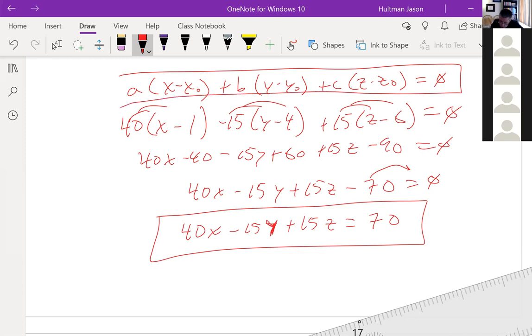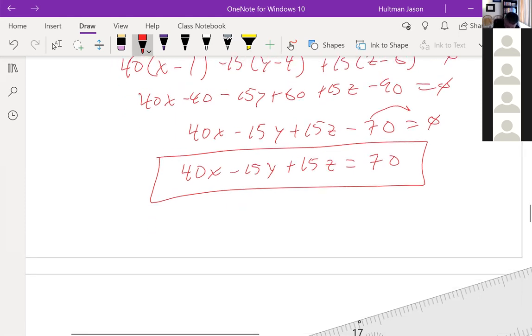No, the last result, the last equation. How do you want to simplify it? Divide them all by 5? Oh, yeah, sure. You could do that. Yeah, it's the same plane. Okay, that's fine.